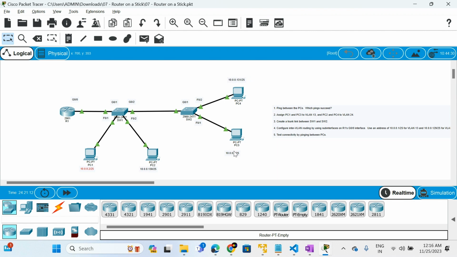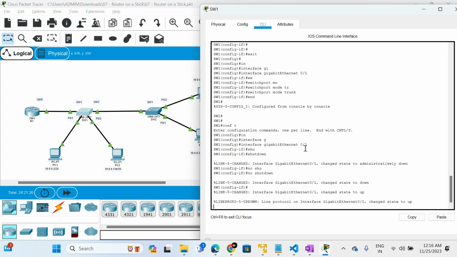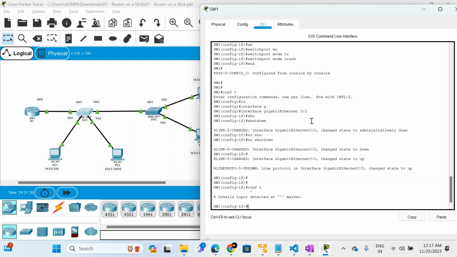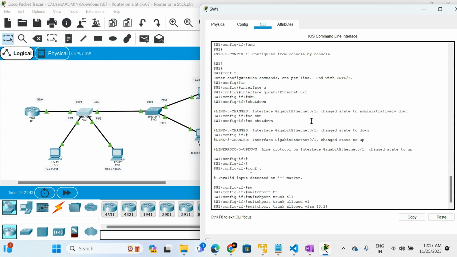We created a trunk between switch 1 and switch 2. Here we have enabled the trunk. We need to make sure it allows switchport trunk allowed VLAN 13,24.